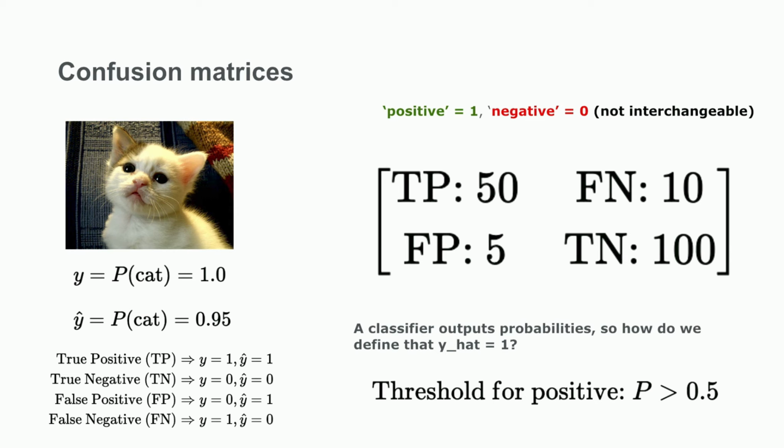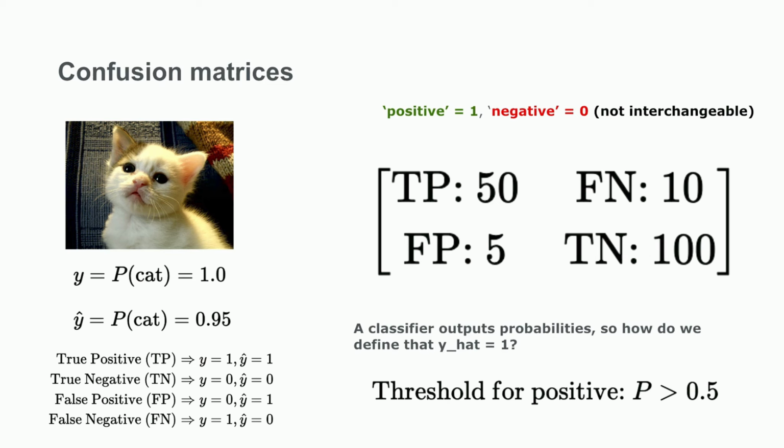We're going to have 5 false positives, which means that we're going to have 5 images that are dogs or horses or whatever, mistakenly identified as cats. And then we're going to have 10 false negatives, which are cats that we failed to identify.